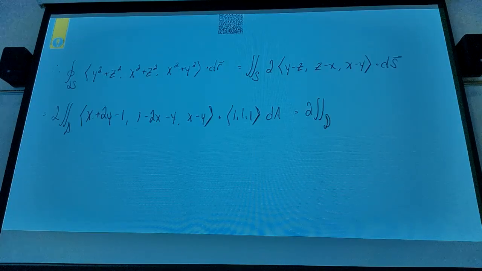What do you get as your dot product? Zero. It requires no work. What's the integral of zero?